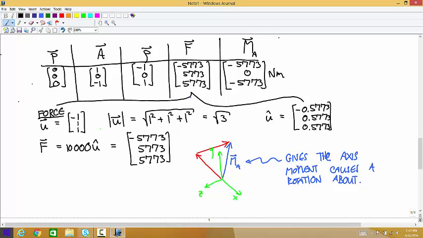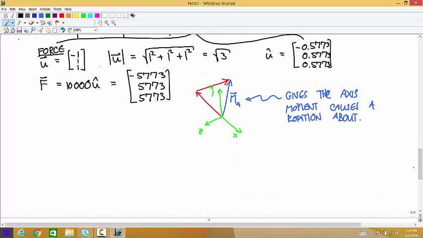All right, so that's what moments are. So what are moments good for? And the answer is the rotational version of Newton's second law.